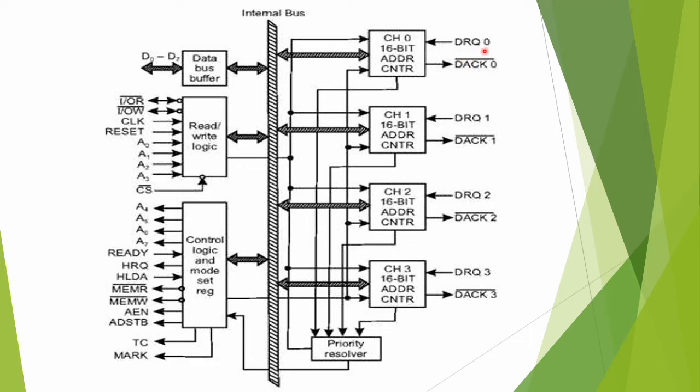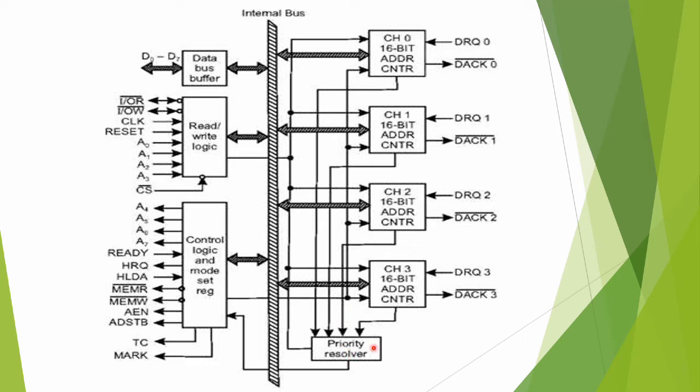It has one input, that is DMA request, and one output, that is DMA acknowledge. So each of these four channels has a DMA request and DMA acknowledge. In addition to that, there is a priority resolver, so channels can have their own priority, and we can have cyclic priority also.